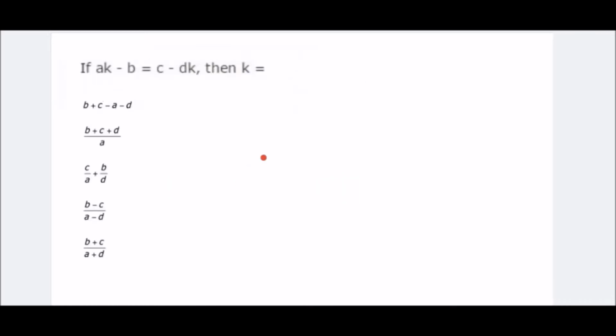So here is our next question. If AK minus B is equal to C minus DK, then we have to find out the K value. So solve this equation, we will get the K value here. AK minus B is equal to C minus DK.